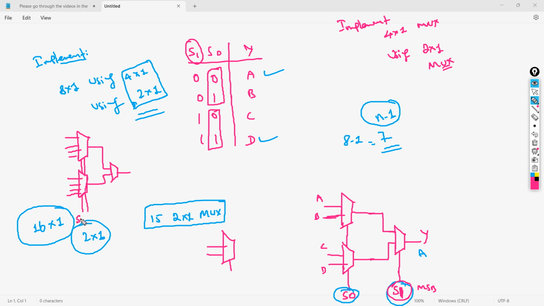It is like S0, S1, S2, where S0 is going to be your LSB and S2 is going to be your MSB. Looking at that, you need to connect your inputs. Ideally speaking, you need two 4 cross 1 and one 2 cross 1 mux. That is something you really need.